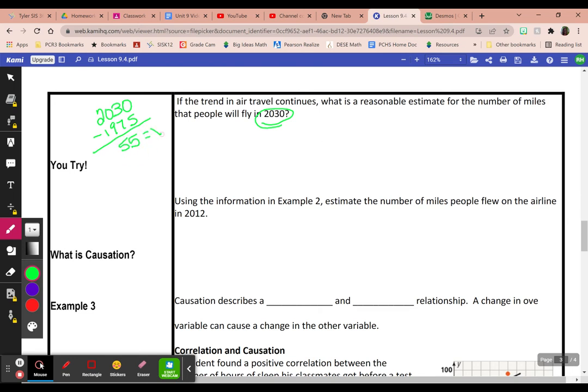So I'm going to use 55 for my X, and I'm going to plug it in again. y equals 47.87 times 55 plus 1345.04. Type it in from left to right, multiply and add, and we get 3,977.89 miles. Okay?